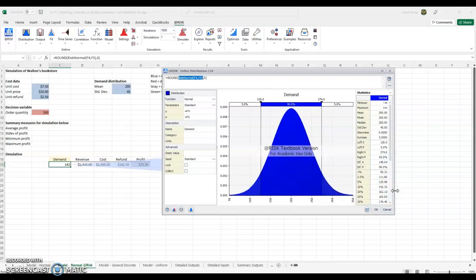A lot of this is really easy to grab because over here, I can see the mean, median, mode, standard deviation, all these other statistics, including all these percentiles, which will be my percentiles for the distribution. So remember, this distribution is a normal distribution with a mean of 200, a standard deviation of 45.